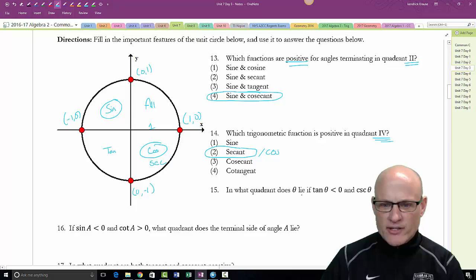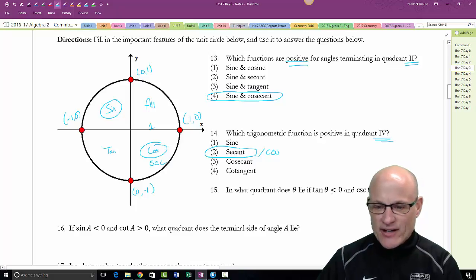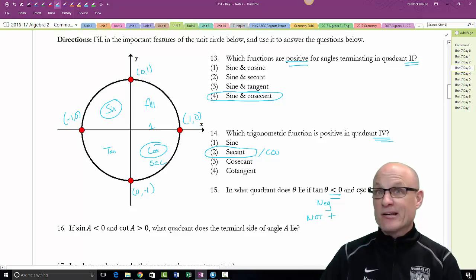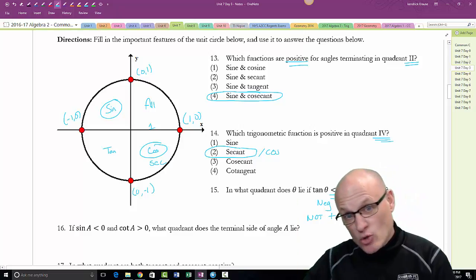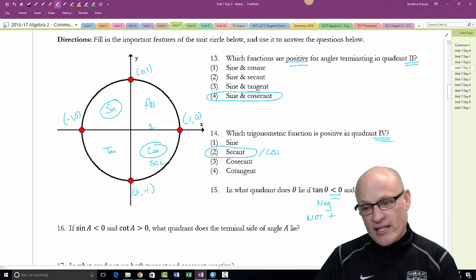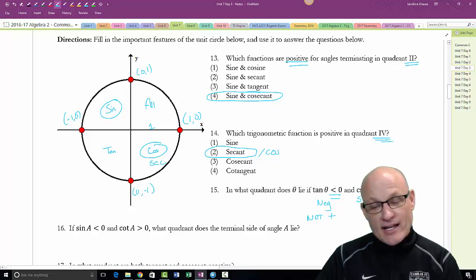In which quadrant does theta lie if tangent is less than 0 and cosecant is greater than 0? Now I don't understand this less than 0 thing, so I'm going to say tangent is negative, or in other words, not positive. And cosecant, now I don't understand anything about cosecant, but I know its reciprocal function is sine. So wherever cosecant is, sine is. So sine is greater than 0, or sine is positive.